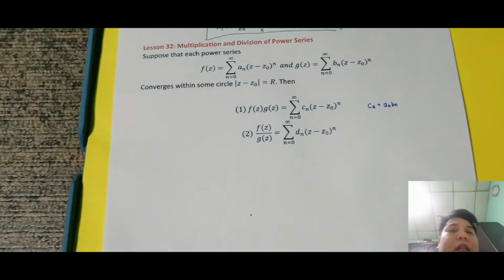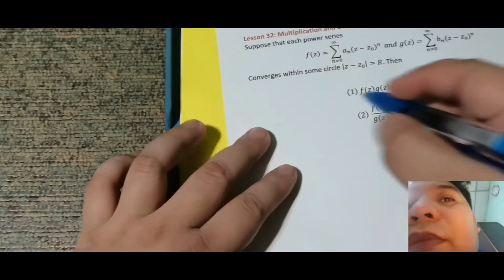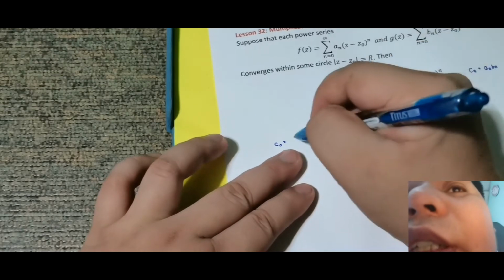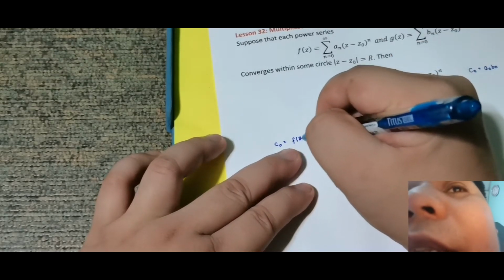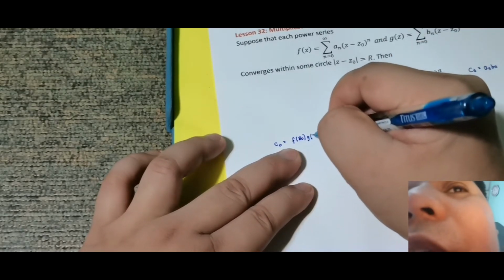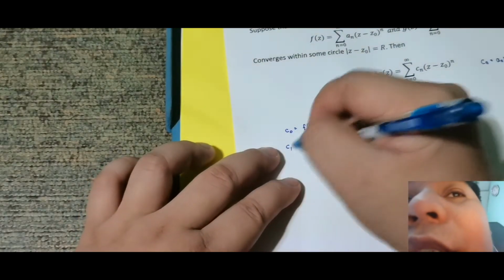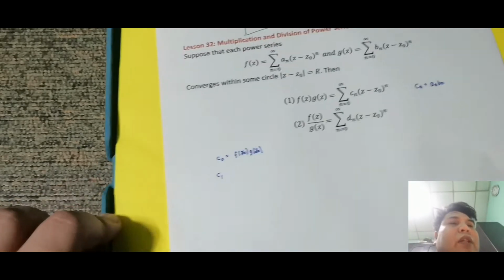Okay, pero may impact yan. Anong ibig sabihin ng impact? For example, yung c sub 0 is just yung f of z naught multiplied by g of z naught. Okay, yung c sub 1, since multiplication tayo, ano mangyayari dito?